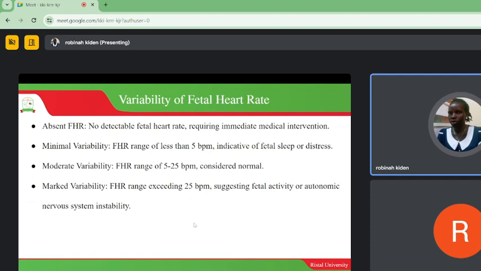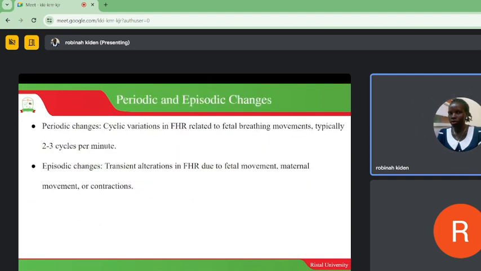For instance, you took previously it was 130 beats per minute. This time when you take it, it is less by more than 25, maybe it is now 110. From 130 to 110 is marked. It is beyond, so likely there is something wrong.